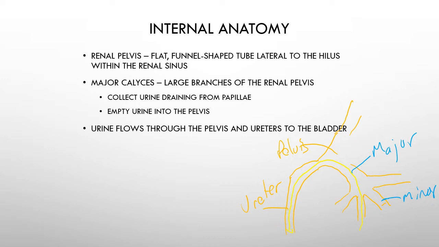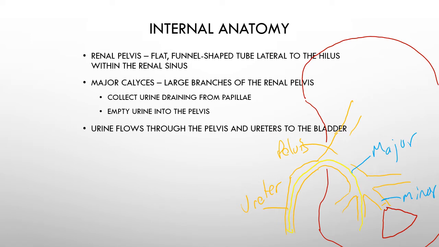And so the actual kidney that we have in here would be the concave portion, coming around. And those minor calyces are going to be coming right up towards the pyramids on the ends there.